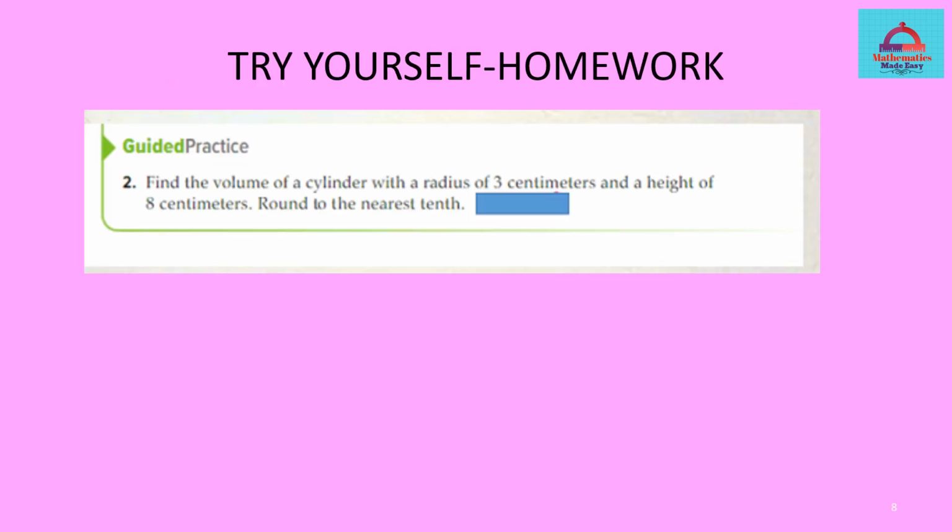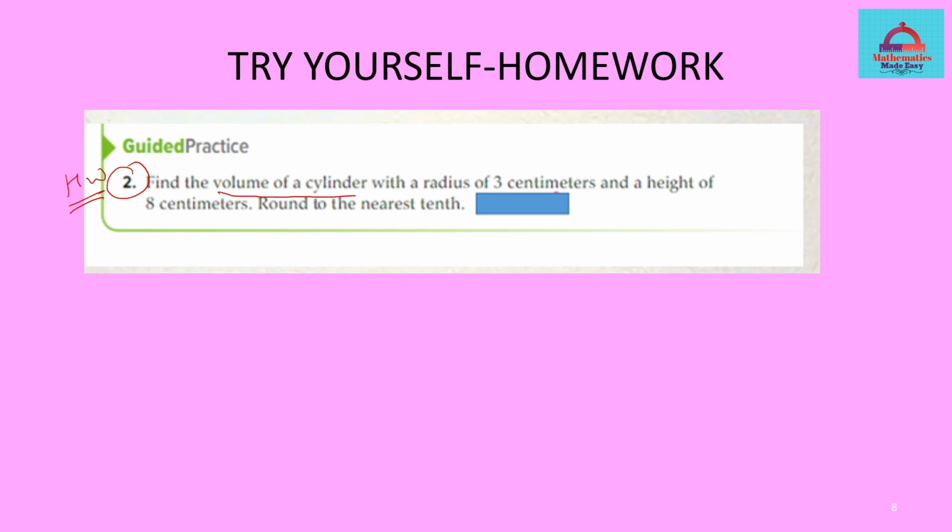It's now time to check your understanding. So I'm going to be giving you now one question on cylinders, which you will try yourself and do it as your homework. Again, like always, we can check your solution once you type it in the comment section. So please solve this. This is your homework for today. I'll read the question for you and even highlight to give you a few hints.